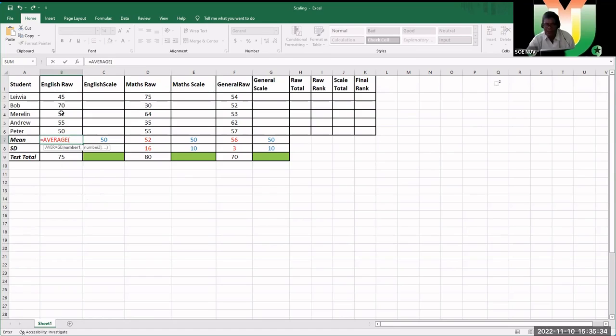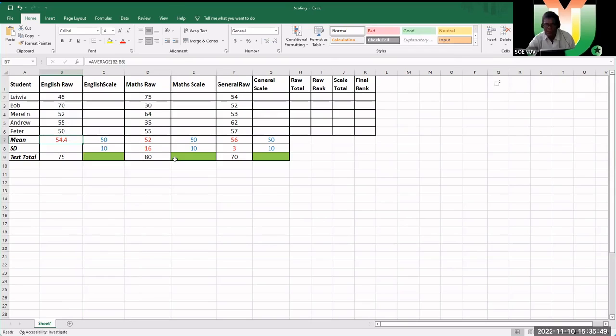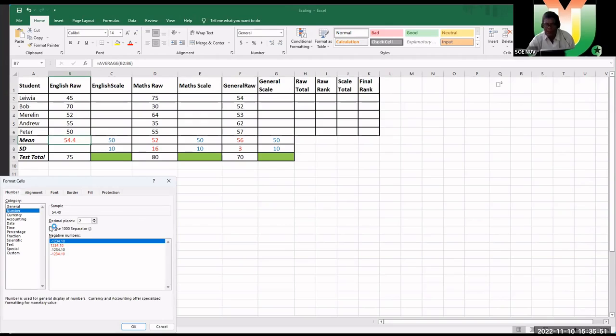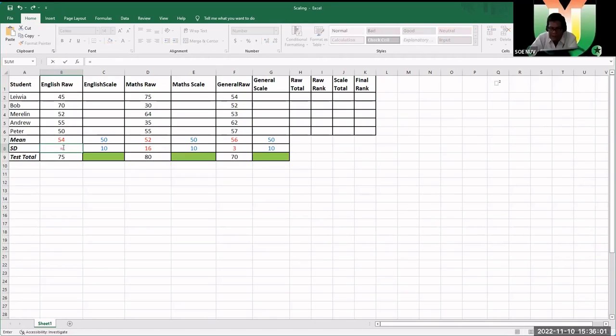Then highlight all the scores, close bracket, and enter. So it's 54.4. We can get rid of the decimal place by going to format, then number, and replacing the decimal place with 0.